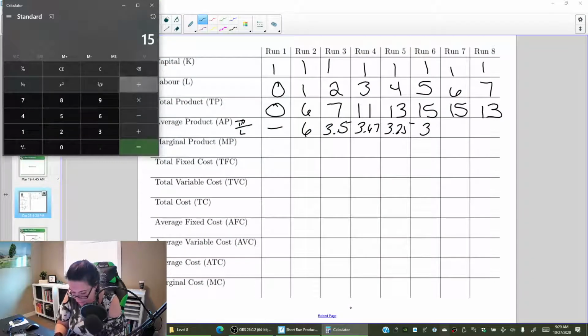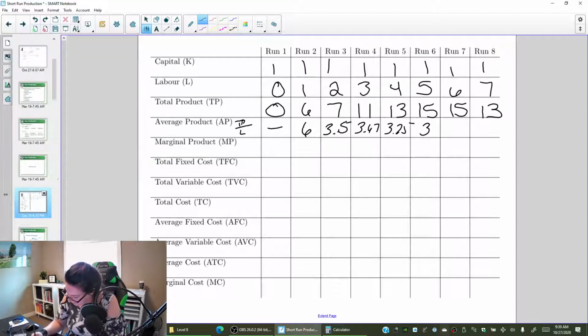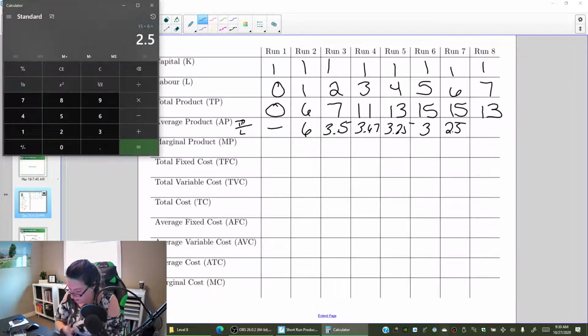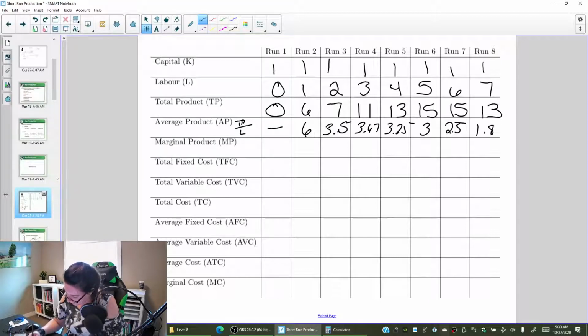And 15 divided by 6, 2.5. And 13 divided by 7 is 1.85. All right, so what do we notice about our average product here? So how much are we getting from the typical worker?